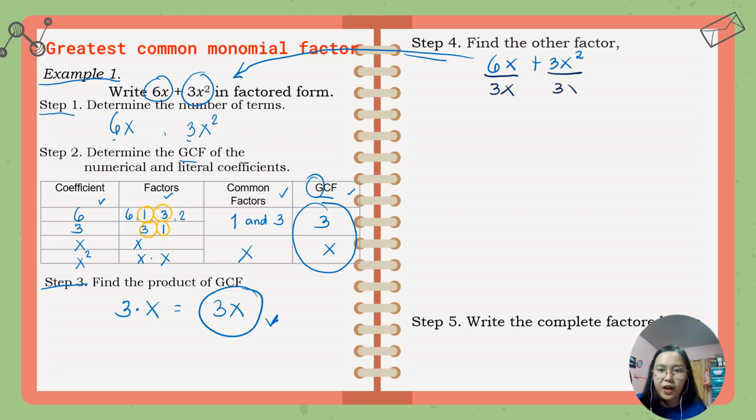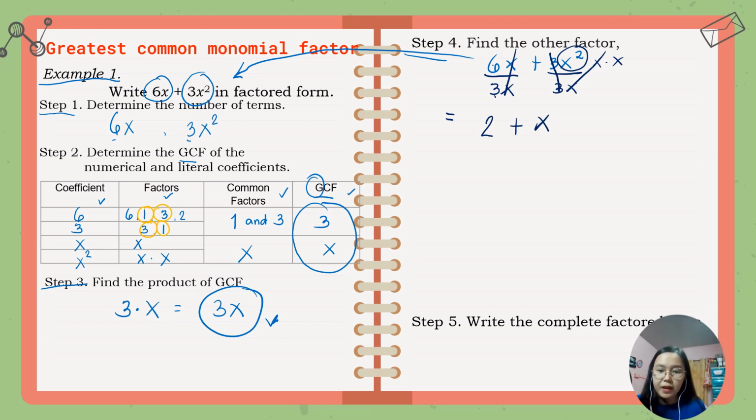That is equal to 6x divided by 3x. Of course, 6 divided by 3 is 2. Then, cancel x. Plus, cancel natin yung magkaparehas. Maka-cancel natin yung isa nito, kasi si x squared ay x times x. So, isa na lang. Okay? So, ngayon, 2 plus x na lang yung natira sa kanya.